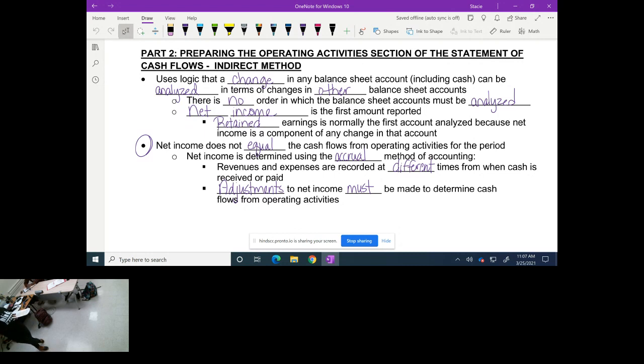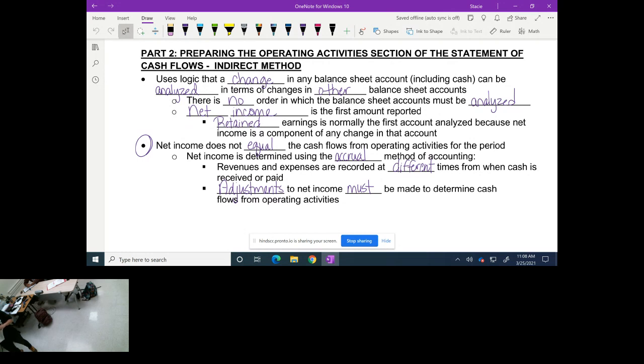All right. So we have to make adjustments to net income for anything that's not cash. So if you've got a customer who's charged something on account, like you've done some work for them or you sold them something on account, remember the way net income works: revenues minus expenses equals net income.